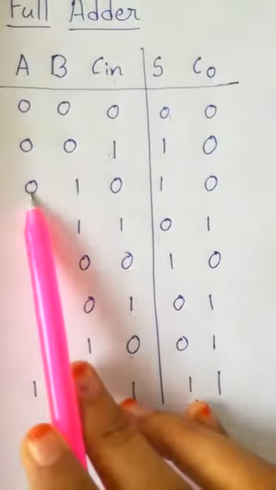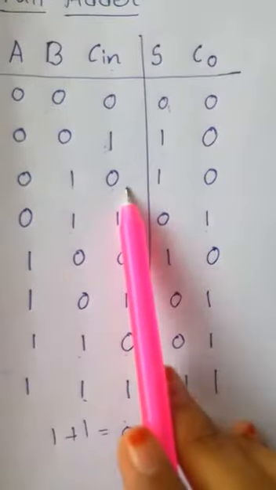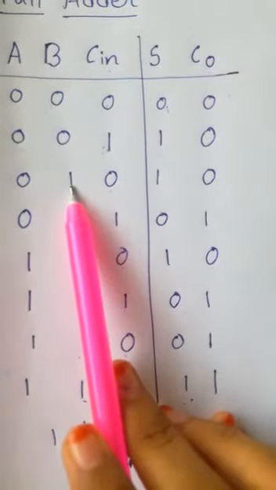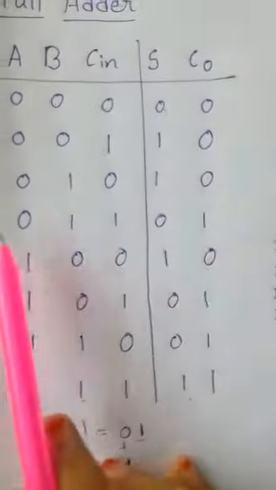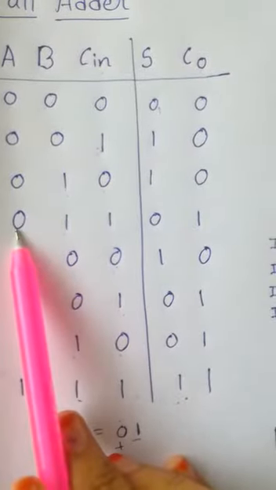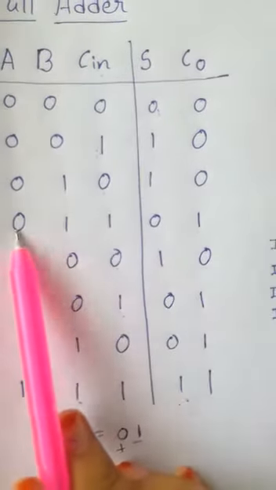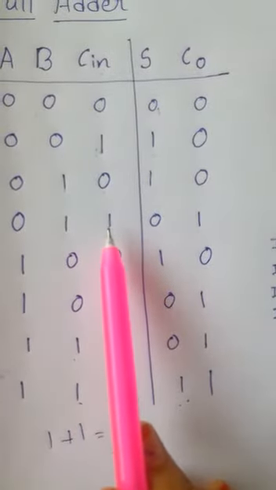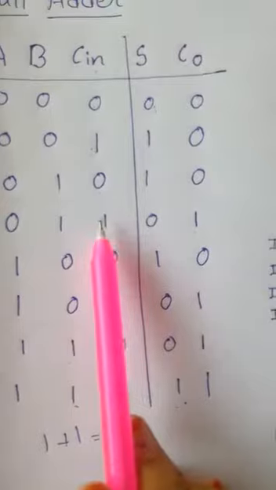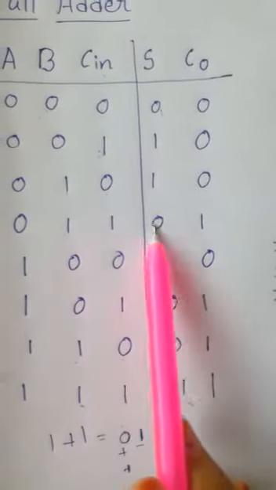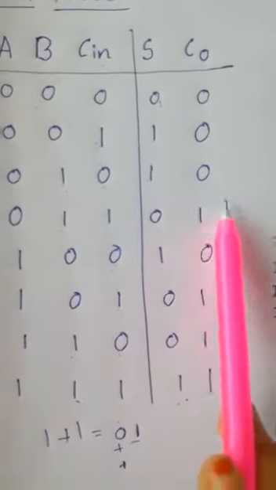Now we have taken A as 0, B as 1, C as 0. 0 plus 1 is 1, 1 plus 0 is 1. Sum is 1 and carry is 0. Now I have taken A as 0, B as 1, C in as 1. 0 plus 1 is 1, 1 plus 1 gives sum 0 and carry 1.